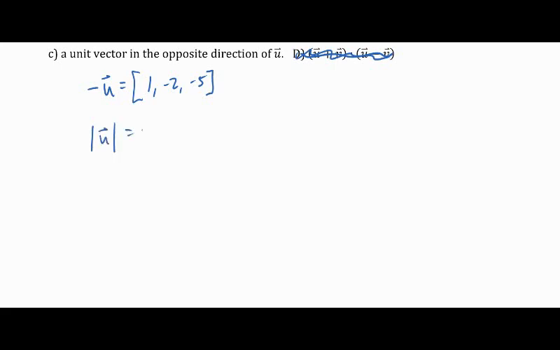So again, that's a square root of all those things added together. So 25 plus 4 plus 1, so that's root 30. And therefore, the unit vector in the opposite direction of u is 1 over root 30, negative 2 over root 30, and negative 5 over root 30.